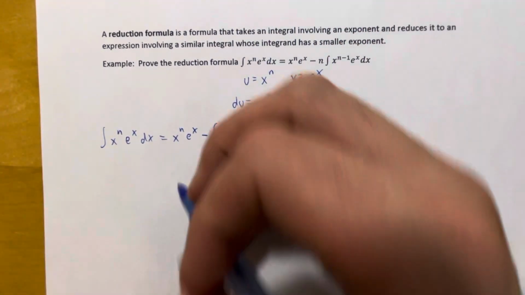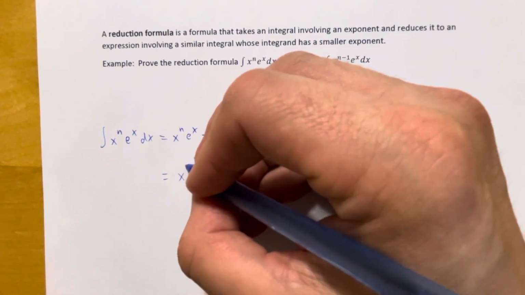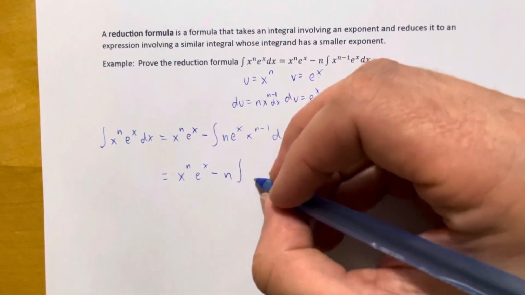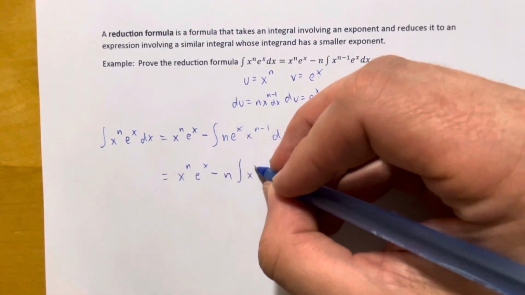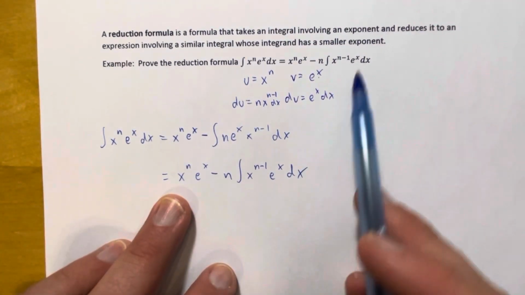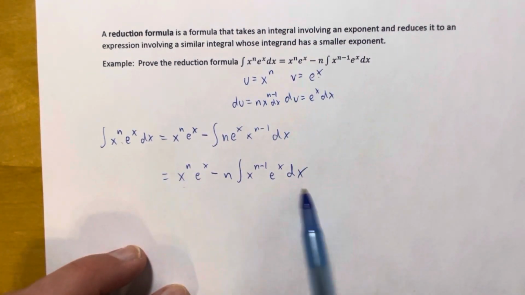Now that n, remember, is a constant, so I can bring that n out like this. And let me rearrange my terms here: x to the n minus 1, e to the x dx. And notice that's exactly what we were trying to show, that this is equal to this.